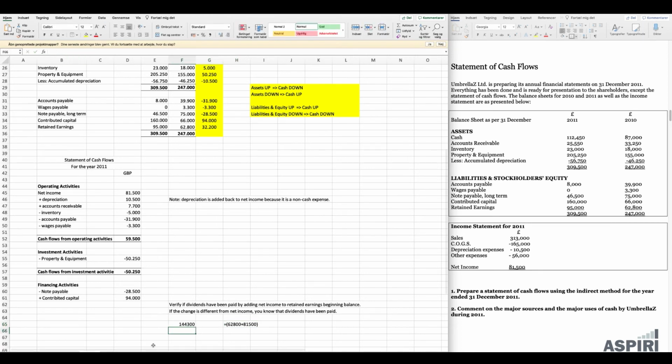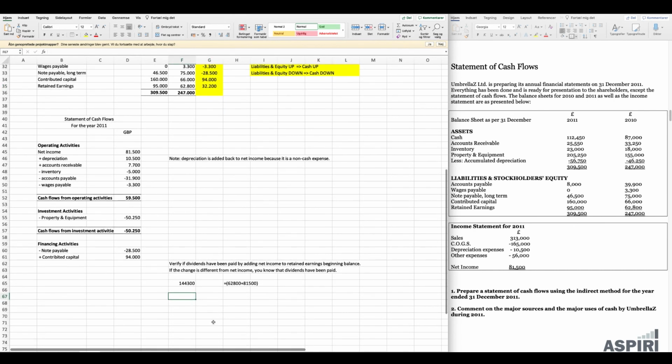Now, if there had been no dividend payment, then we would have that this balance here at the end should have been essentially 144,300. Now, that's clearly not the case. So the way to determine the dividends, we can subtract the ending balance stated in the balance sheet from the amount found above.